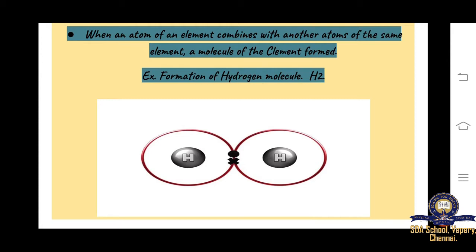While combining, the 2 atoms are the same. So it's H2. The 2 hydrogens take part in the reaction forming an H2 molecule. This H2 is more stable than the hydrogen atom.